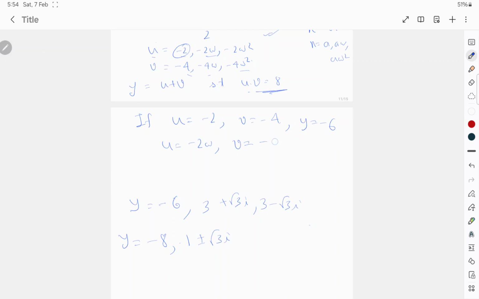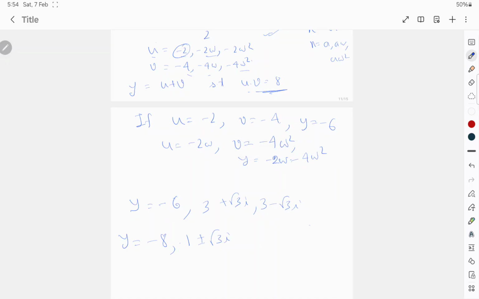Obviously minus 4 omega square, not minus 4 omega, because you know omega into omega square will be omega cube, that is 1, right? If you multiply these two terms, then you should get 8, so you can have that. Now you have to find what is your y, that is basically minus 2 omega then minus 4 omega square.